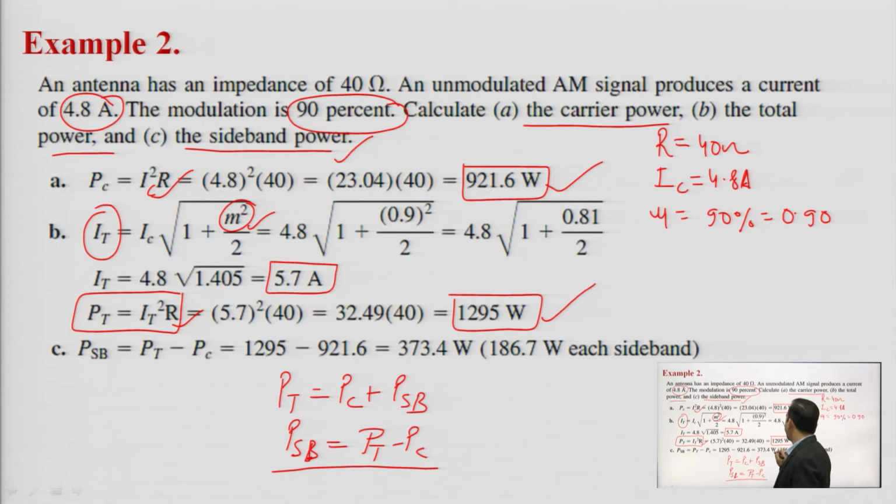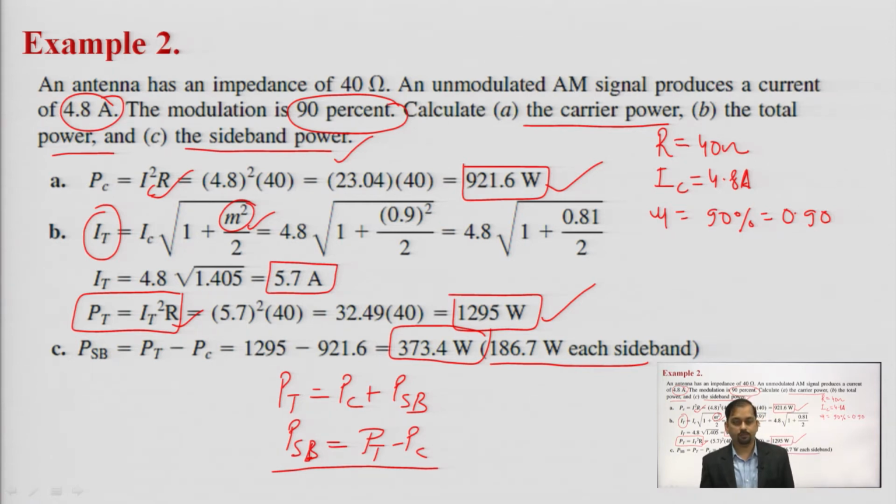So the remaining 373.4 watt is the total sideband power. If someone asks to calculate the power in one of the sidebands, then we just divide this by 2. This comes out to be 186.7 watt. So these are the numericals corresponding to AM.